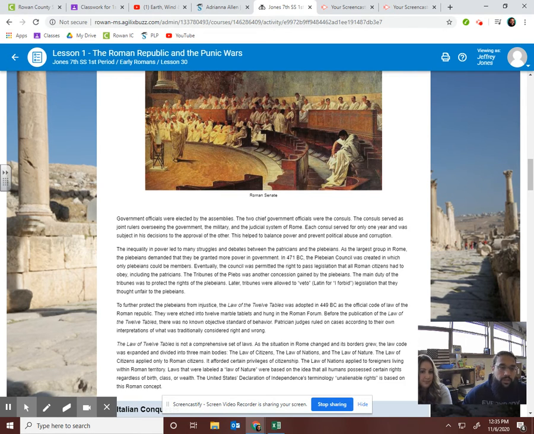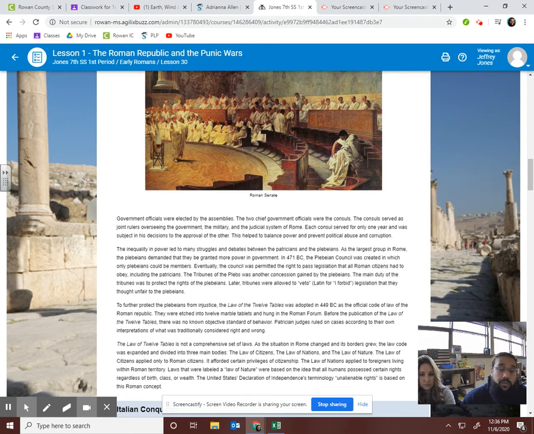Okay. So the inequality in power led to many struggles and debates between the patricians and the plebeians. As the largest group in Rome, the plebeians demanded that they be granted more power in government. In 471 BC, the plebeian council was created in which only plebeians could be members.